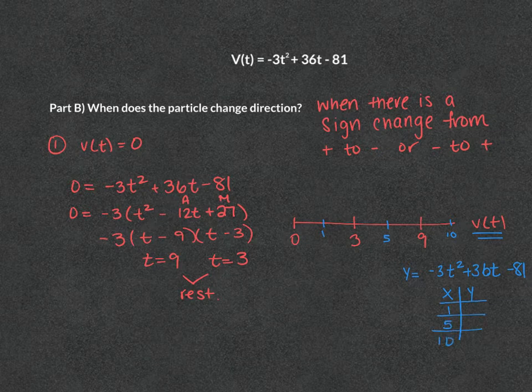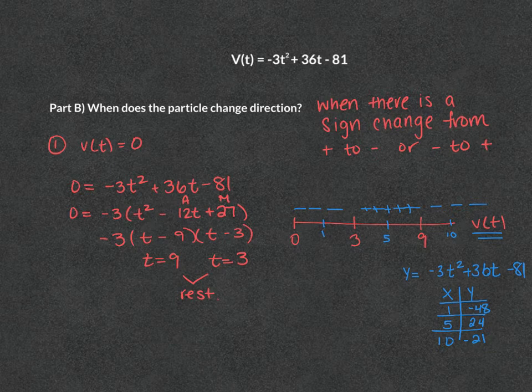So go ahead, pause the video, and then hit resume when you're ready for the answers. Okay, so when I plugged in 1, I got negative 48. When I plugged in 5, I got 24. And 10, I got negative 21. So minus, because of the negative 48, plus because of the 24, and minus because of the negative 21.